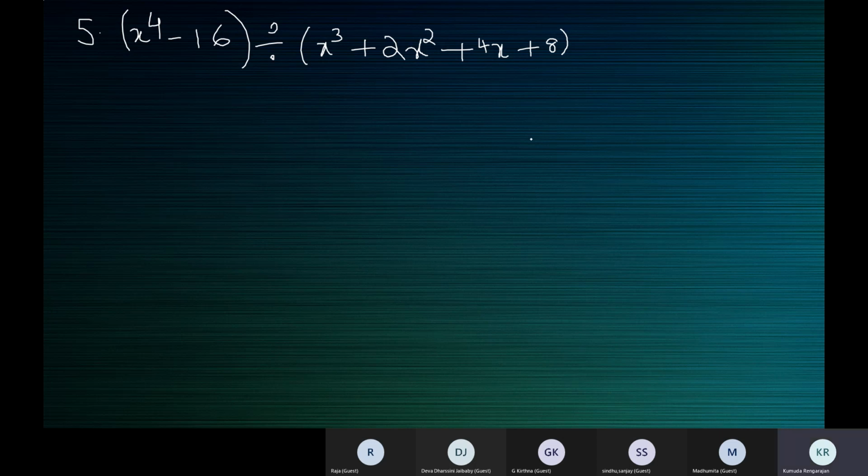Yes, children, this is your next question. You can see the symbol there, division. So it's again factorize and divide. I'm not going to help you with this. I'm right here.